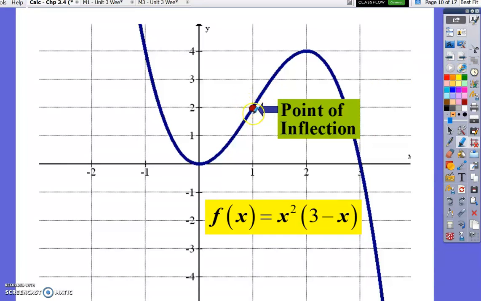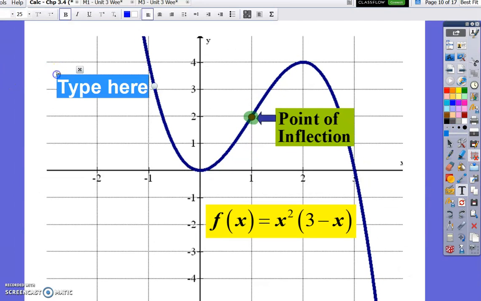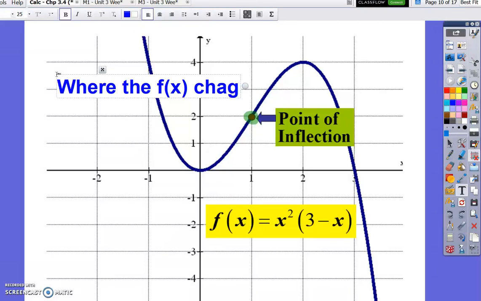So remember I said this point had a special name. It's called the point of inflection. And the point of inflection, by definition, is where the function, let's call it f of x, changes concavity.